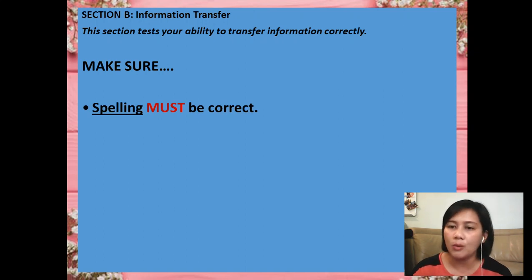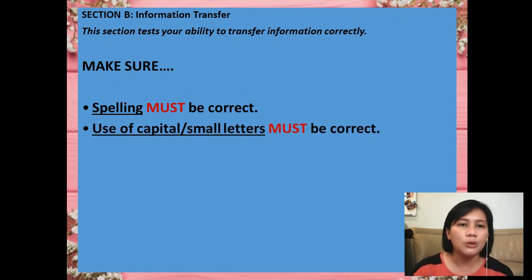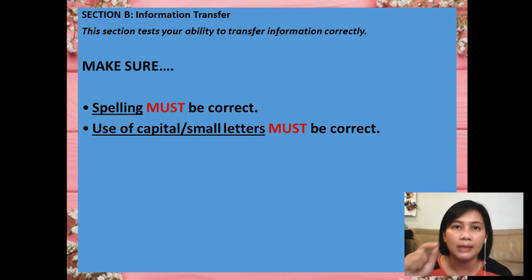This is what I've always stressed when you answer information transfer questions. Use of capital and small letters must be correct. If in the text the word is written with a capital letter, you follow by writing your answer with a capital letter as well.